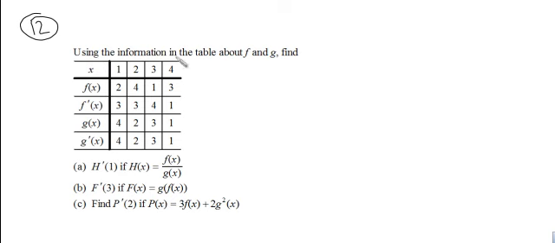Use the following information about f and g to find a, b, and c. Okay, so let's start with a. We need to find the derivative at 1. So since I have a quotient, I'm going to have to use the quotient rule. We're not going to substitute 1 until the very end. We have to find our derivative first.